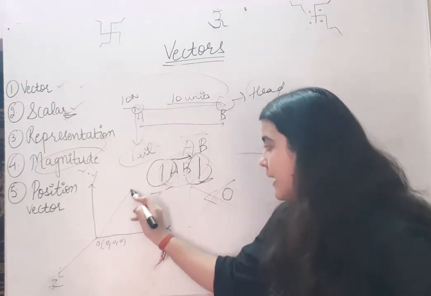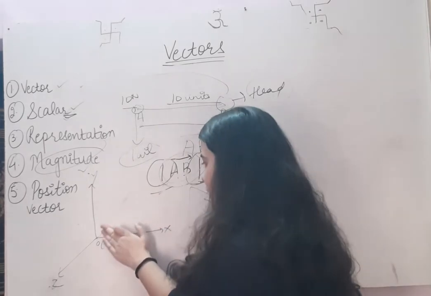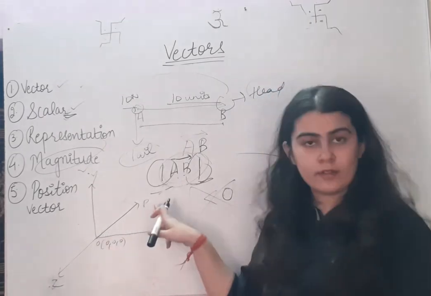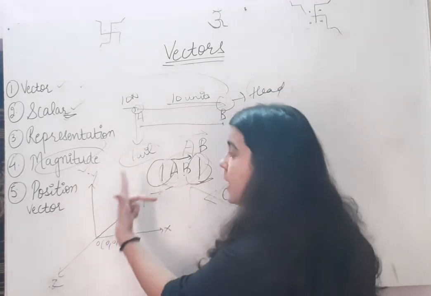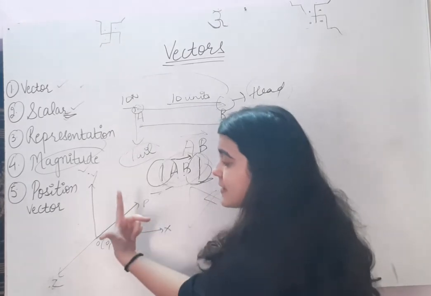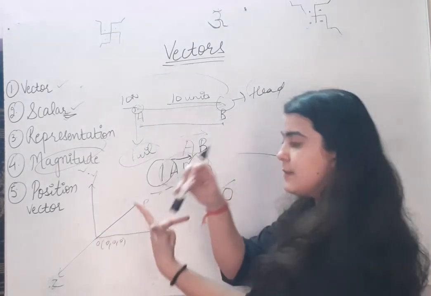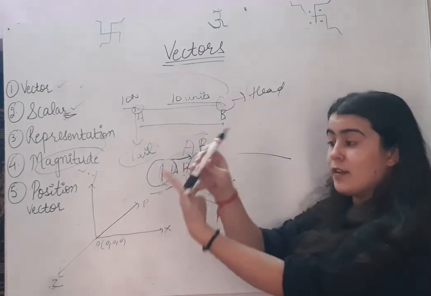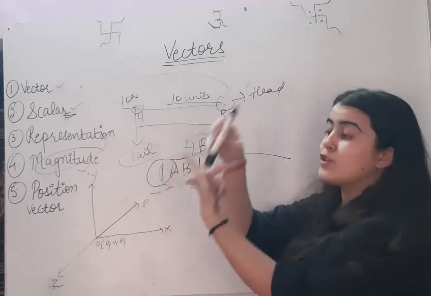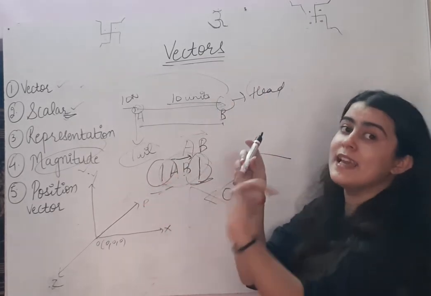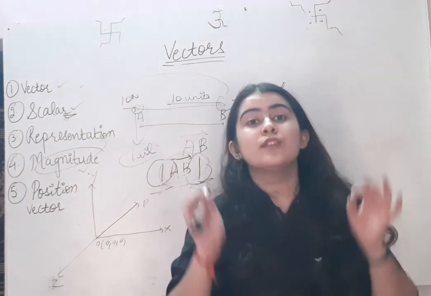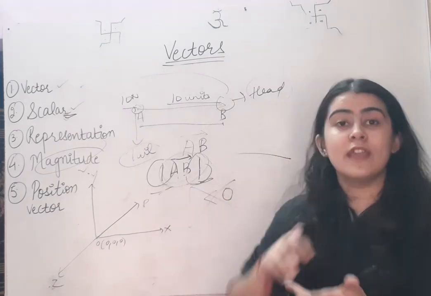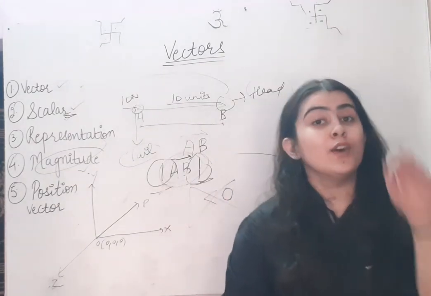If we draw a line, okay, so this line is not appropriate, sorry. So this is a position vector, right? This is the y-axis, this is the x-axis and this is the z-axis. This is OP, the position vector, which is perpendicular to the x-axis, the y-axis and the z-axis. So this is how we denote a position vector. A position vector is something which is perpendicular to all the 3 axes and it passes through the origin.